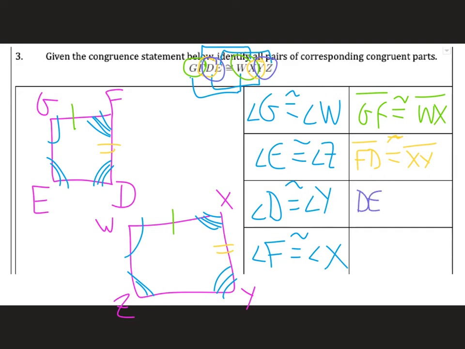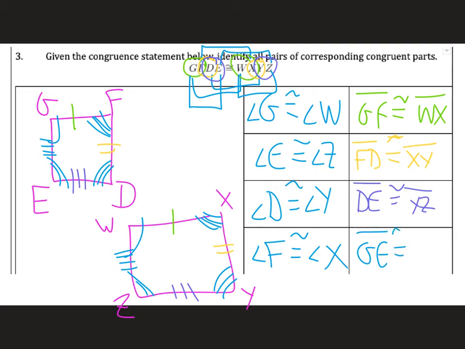DE and YZ. 1, 2, 3. And then my last pair is going to be GE and WZ. GE and WZ. So the order matters. If you want to draw a picture, feel free. If you don't want to draw a picture, then don't.